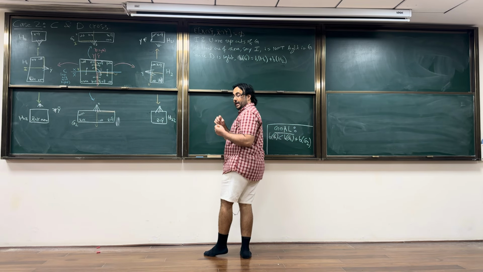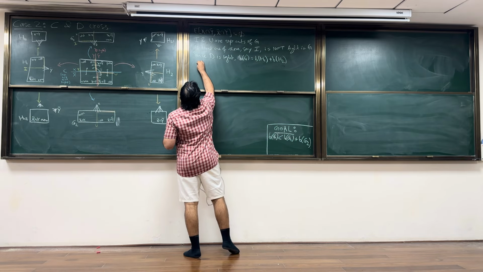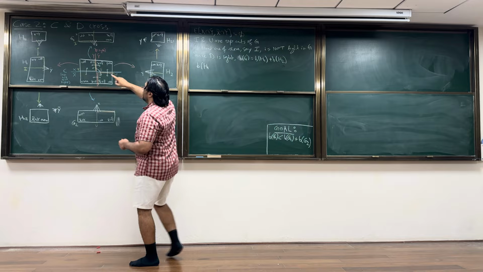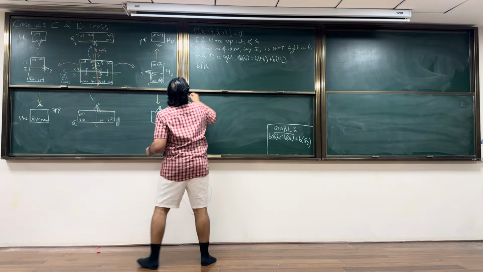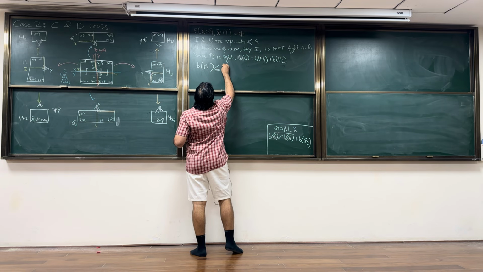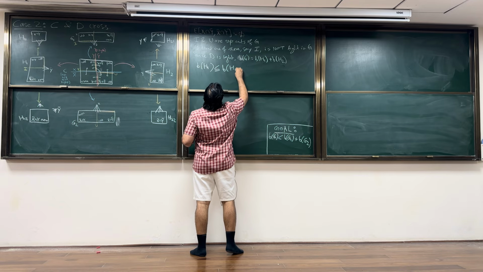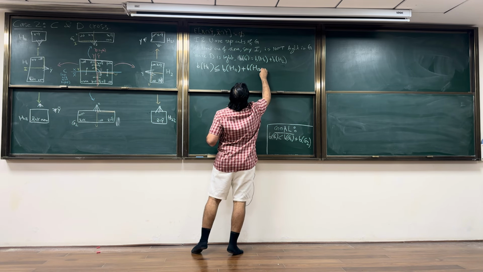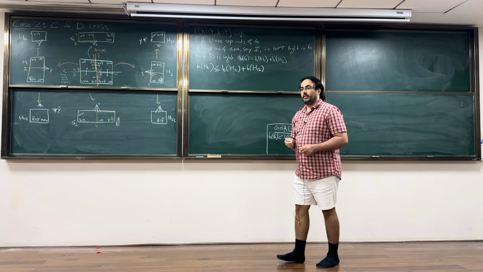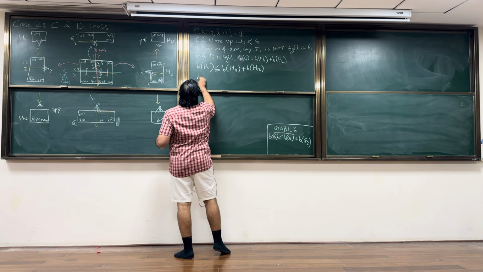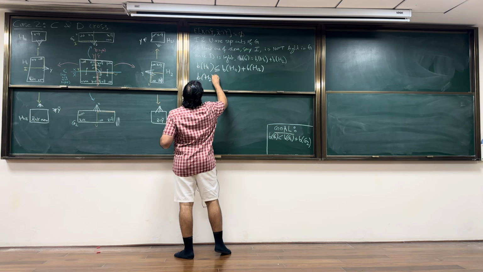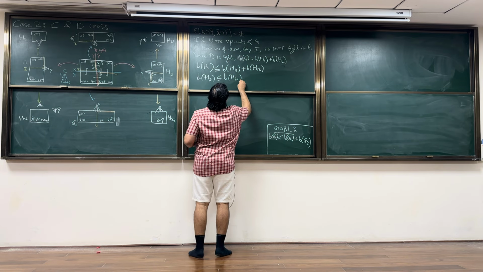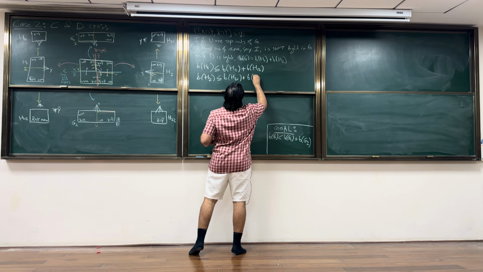So therefore, by the induction hypothesis, B of H1 is less than equal to B of H11 plus B of H12. B of H2 is less than equal to B of H21 plus B of H22.